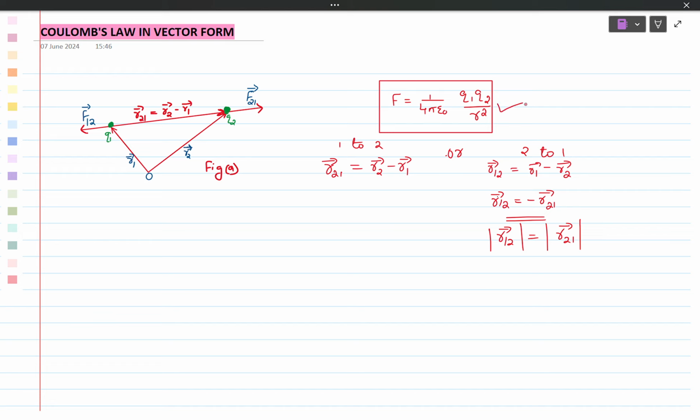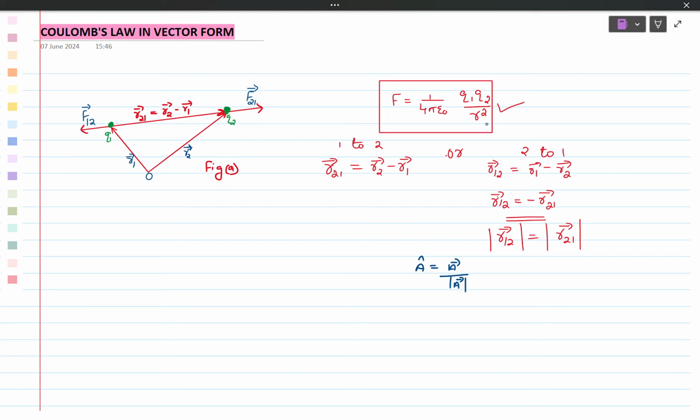And this is Coulomb's law. Now it is not in vector form. In order to convert this equation to vector form, we have to multiply it with a unit vector. So let's see the general form of a unit vector: unit vector A cap is equal to vector A by modulus of vector A. This is the general equation of a unit vector.